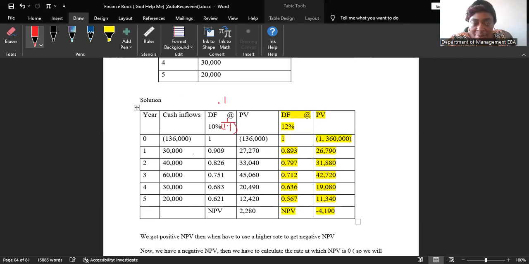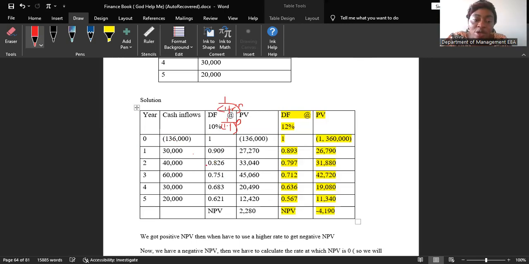This is out of this formula, and it depends on the year. Now, this year is 0, so when you raise it to the power 0, it's 1. 1 over 1 is 1. So at the end of the day, we multiply this here.